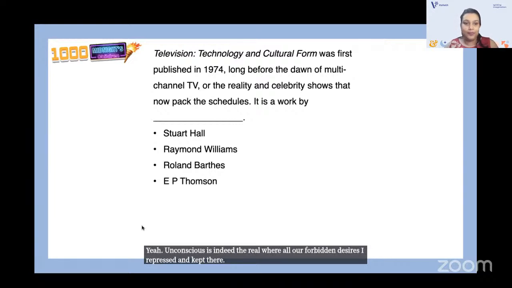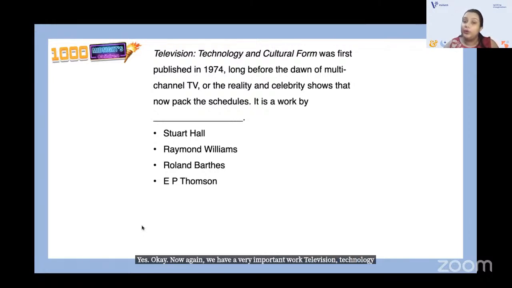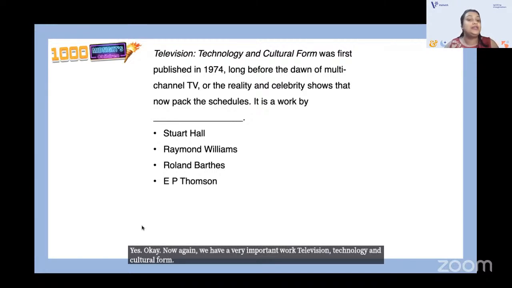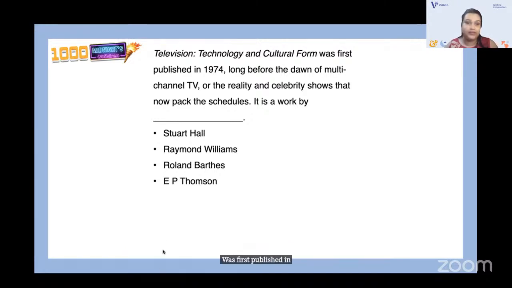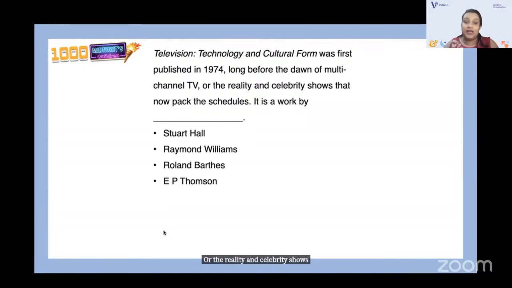Yes. Okay. Now again, we have a very important work. Television, Technology and Cultural Form was first published in 1974. Please mark the year. Long before the dawn of multi-channel TV or the reality and celebrity shows that now pack the schedules. Who wrote this work?